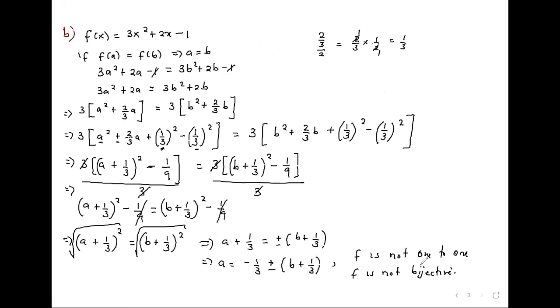The domain of this function is all real as it stands there. Now, because it's all real, we have found it to be not bijective. So now I want to force it to bijective. So how do we force the function? It is f of x is equal to 3x squared plus 2x minus 1.